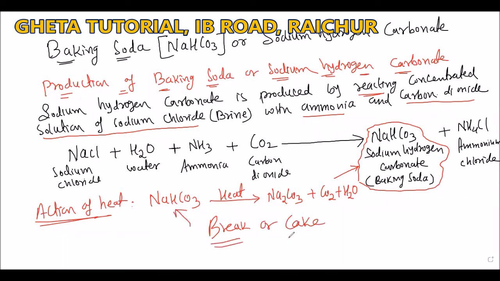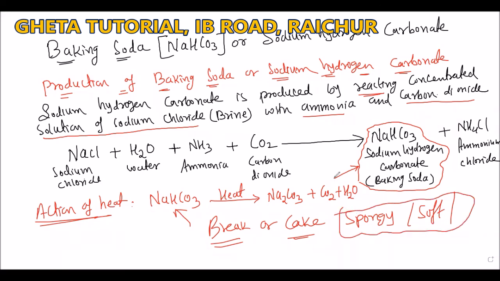This bread and cake are very spongy, soft and fluffy. Why this fluffiness, spongy and softness of the bread and cake? What is responsible? Only one product is responsible. That product is called what? Carbon dioxide.